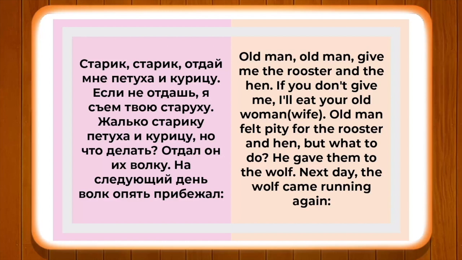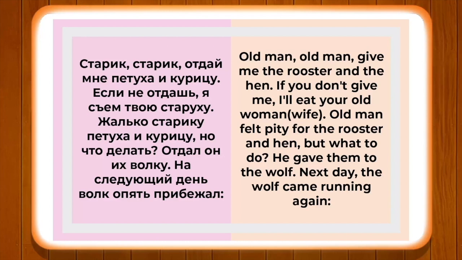Let's simplify this sentence. На следующий день опять волк прибежал. Or it can be done in other ways also. Let's see the meaning. Следующий день means next day, as we have seen in the vocabulary. Волк means wolf. Опять means once again.